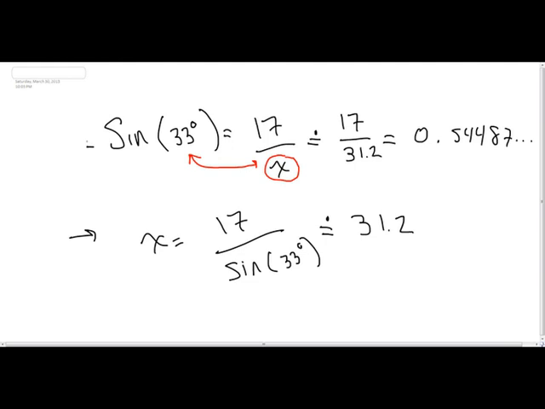The sine of 33 is 0.5446 and so on. So these two are very good approximations of each other. And again, remember, because we're using approximations, we're not going to have strict equalities. Rather, we're looking to have answers that are extremely close to one another.